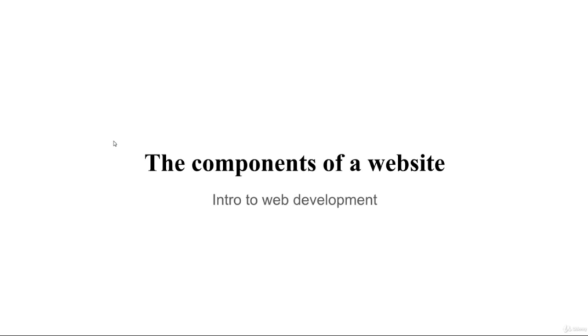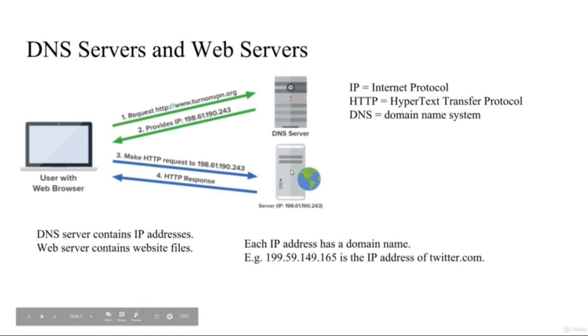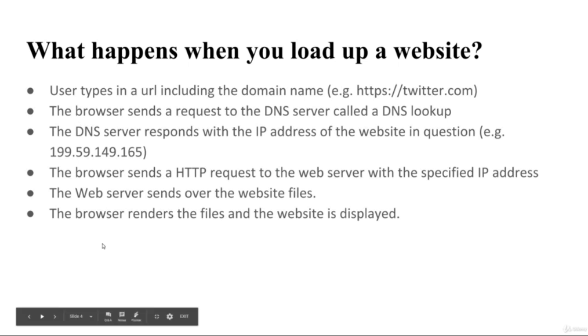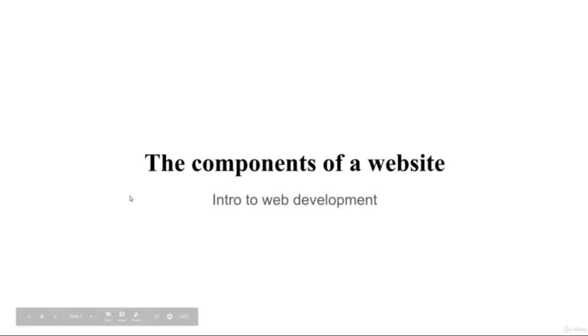But now you might be wondering about the actual components of a website itself. Because if you remember what I told you, the first HTTP request goes to the server with the specific IP address, and that's the first HTTP response, sending back the files. And the files are just the components of a website.